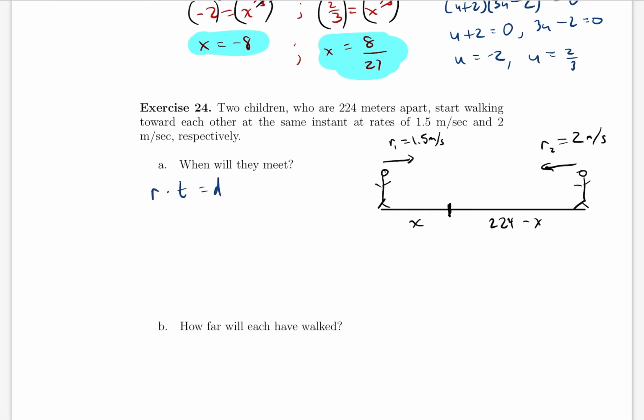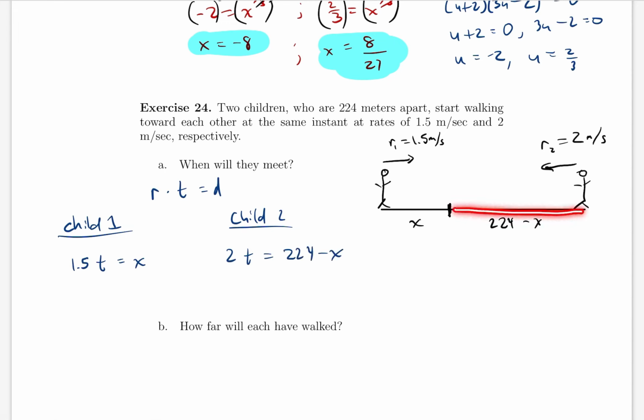Let's do child 1 first, and then we'll do child 2. Child 1: rate times time is equal to distance. Child 2: rate times time is equal to distance.